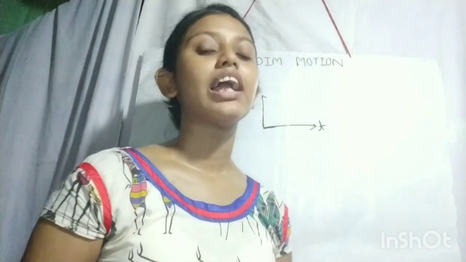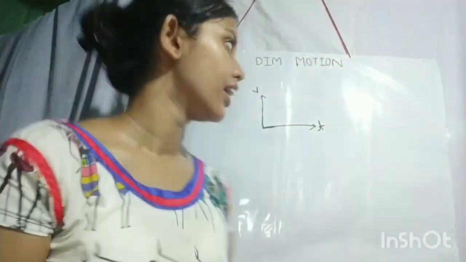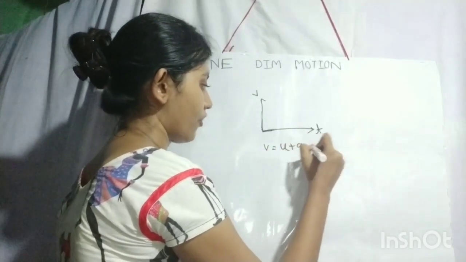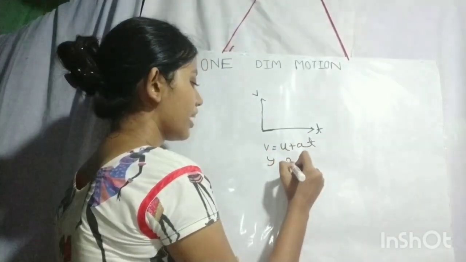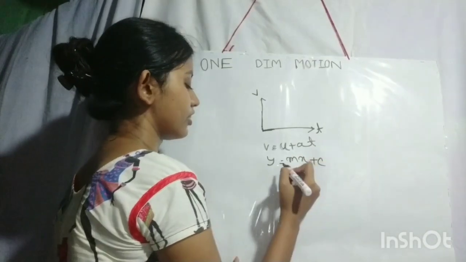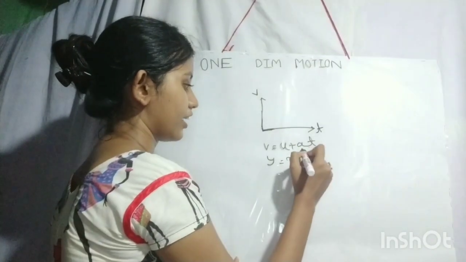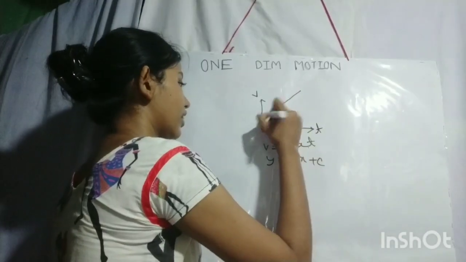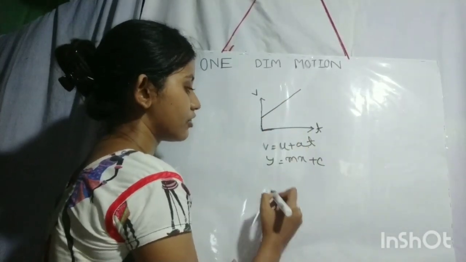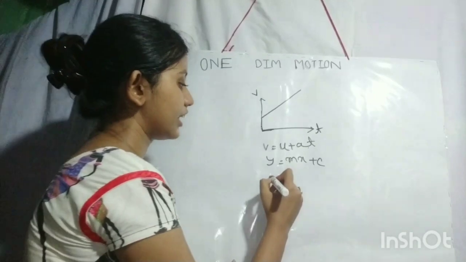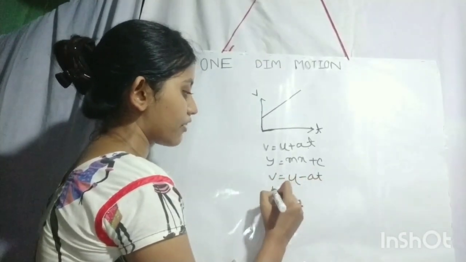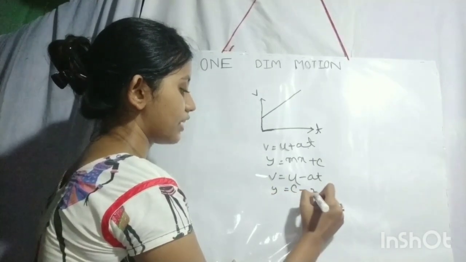Now if the particle is accelerating, the velocity equation is v equals u plus at, and it looks like y equals mx plus c. Okay, so it will be like that. Okay, if the particle is decelerating, that is v equals u minus at, then it looks like y equals c minus mx.